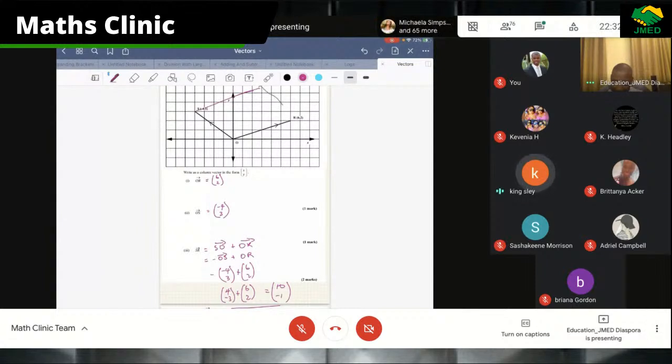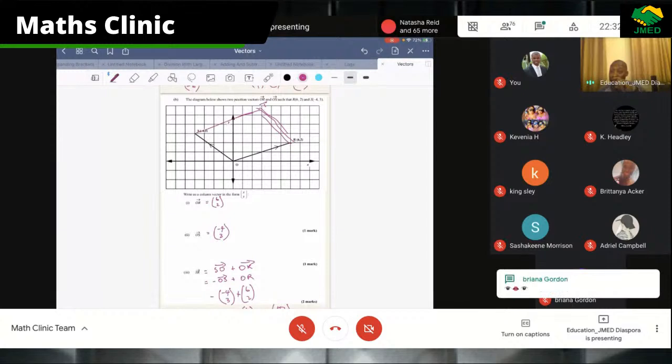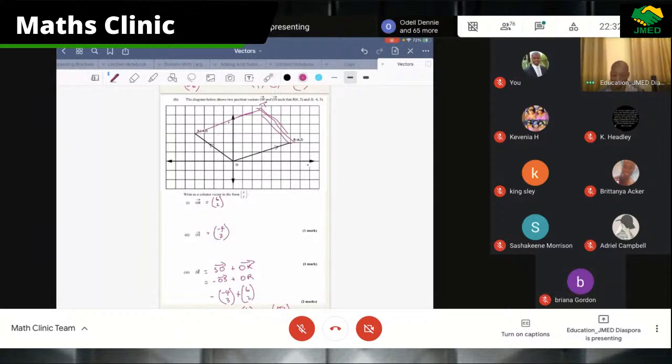So all you have to do is add ST plus TR. You have to add SO plus OT plus TO plus OR. And if ST is the same as TR or a scalar quantity of each of them, you know that it's a parallelogram. The scalar multiplication would be 1 though, in all the cases, yes?